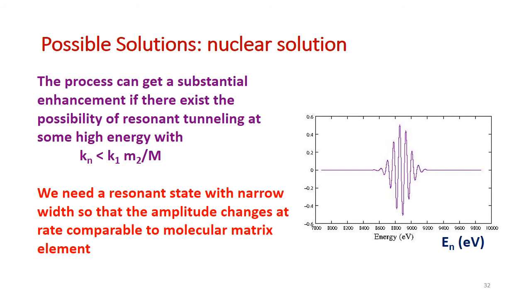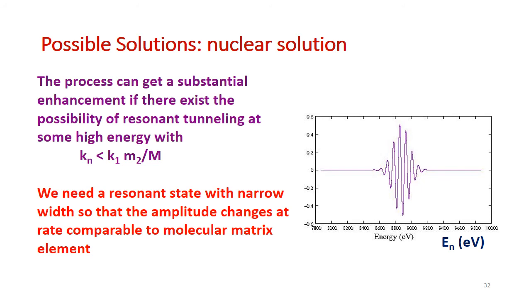So we need a resonant state in this energy range specified by this limit with a narrow width, so that the amplitude changes at a rate comparable to the molecular matrix element. So we need some sort of a resonant contribution which goes like this, somewhere in this range, rises at roughly the same rate. It need not be exactly the same, it could be a bit slower also.